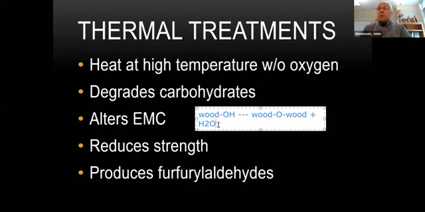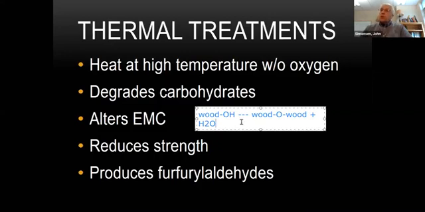And you're going to emit water vapor, right? Because typically when you do thermal treatments, you do it above 100 degrees C. A lot of things happen besides this, but one thing that happens is you reduce the EMC and you make the wood more hydrophobic.